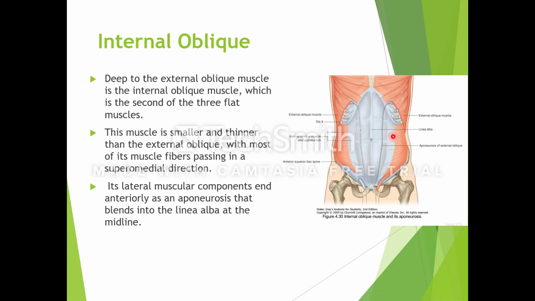See here, the external oblique muscle was in the inferior medial direction and the internal oblique is in the superior medial direction. It has a lateral muscular component and an aponeurosis anteriorly that blends with the linea alba at the midline. Just like the external oblique muscle and aponeurosis, here also there are internal oblique muscle fibers and aponeurosis, which blend at the linea alba.